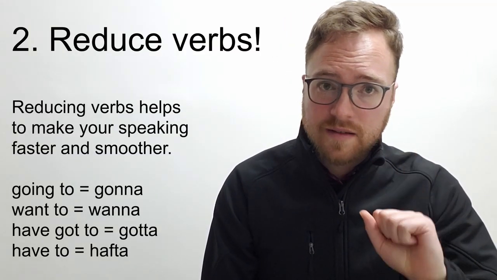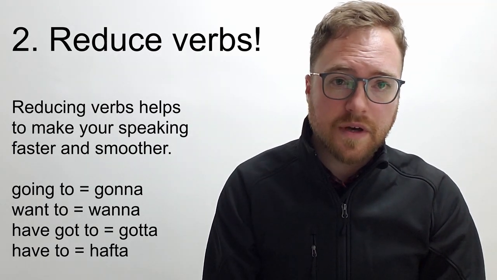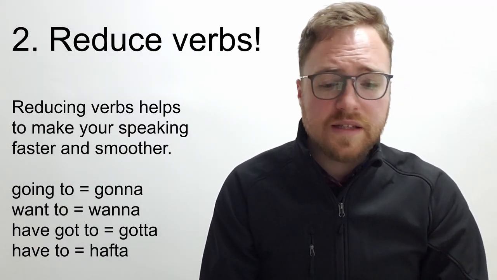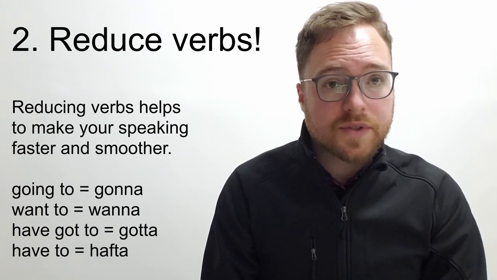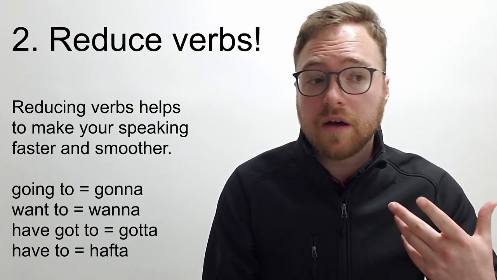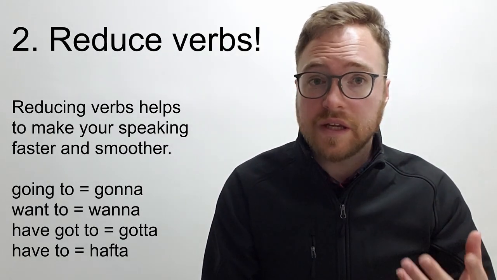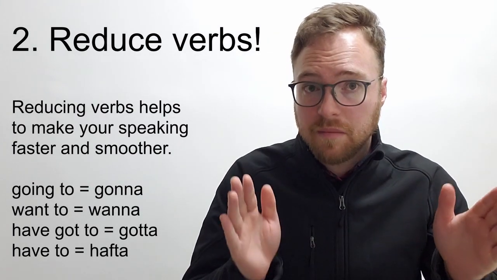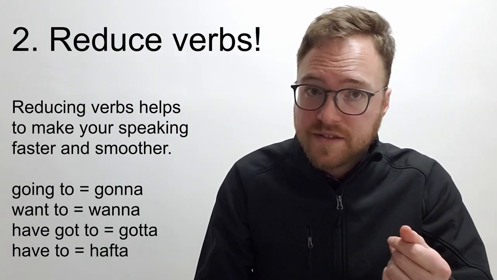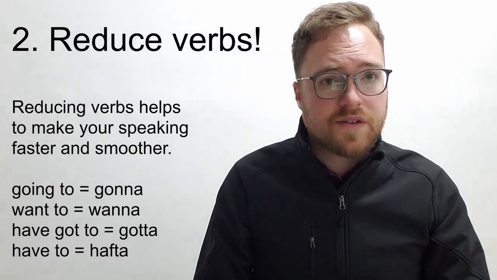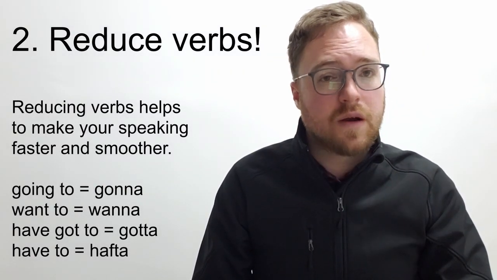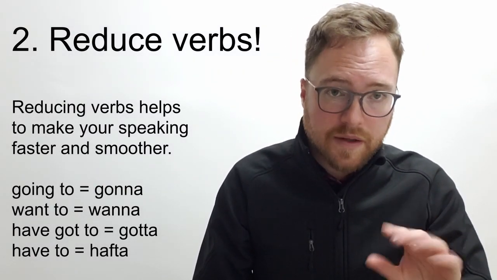The second hint or tip that we're going to talk about today is reducing verbs. There are actually many verbs that you can reduce in English, and by reduce I mean make smaller and faster, but we're just going to talk about 4 verbs that are very common in spoken English.